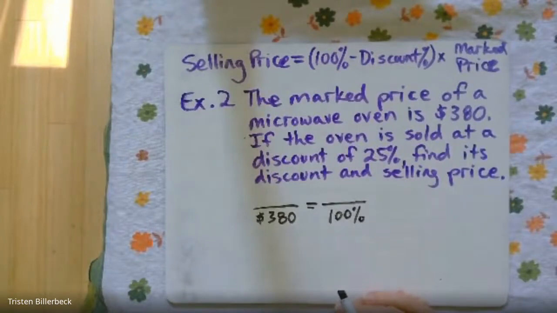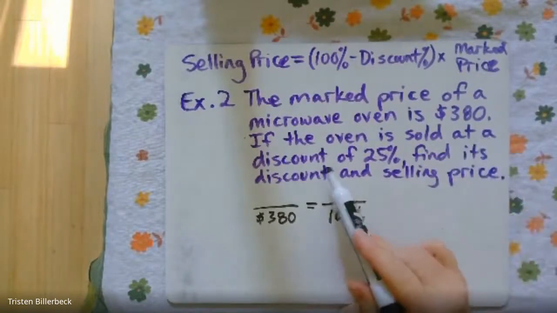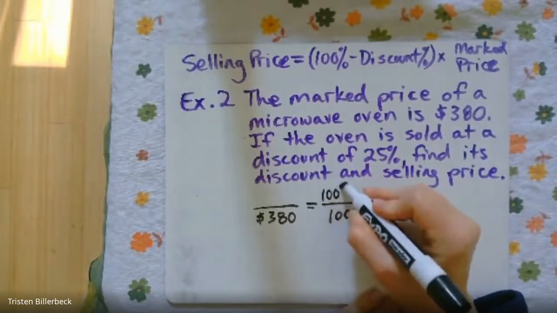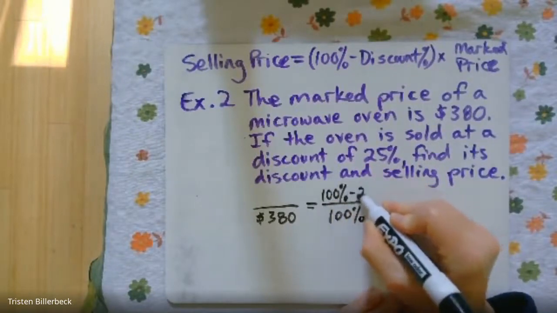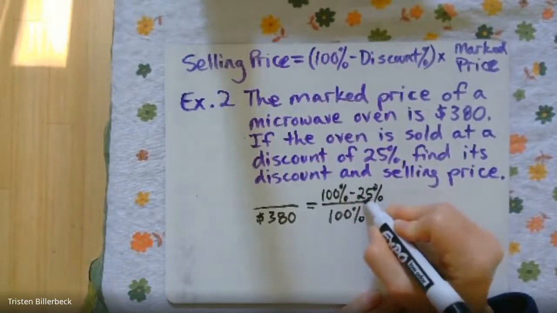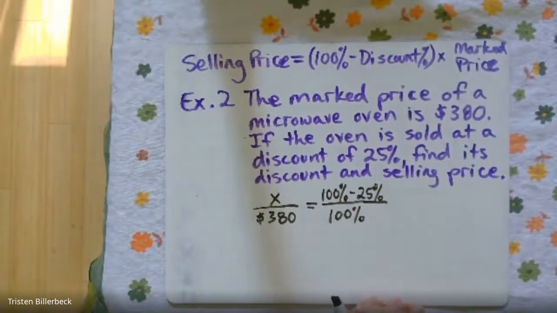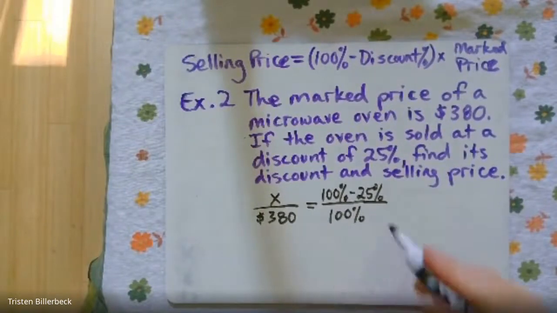We do know the discount percent is 25%. So we have 100% minus 25%. And then that's going to give us the selling price.